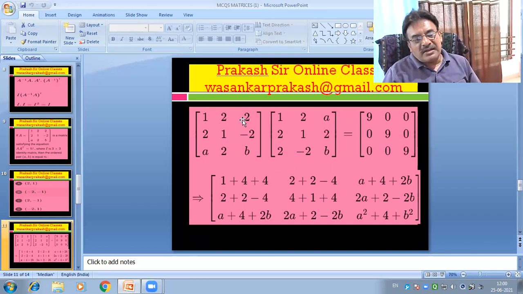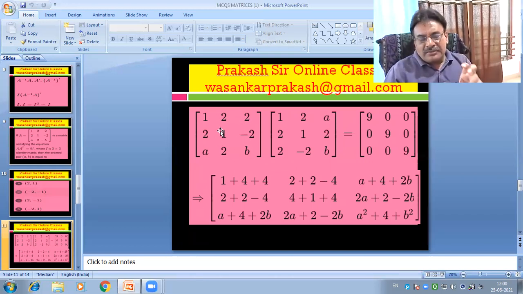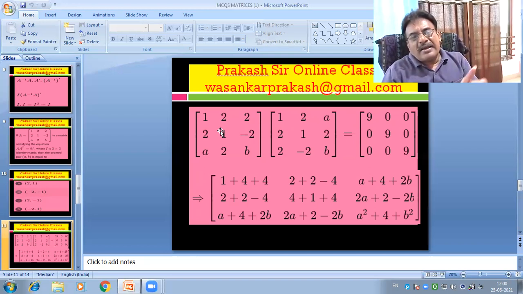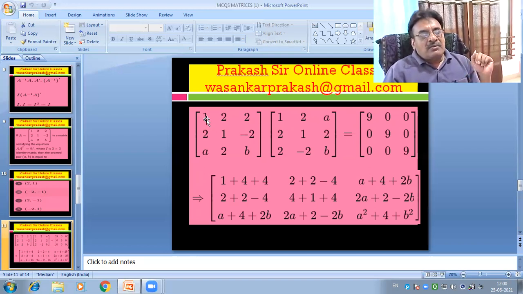Here we write the transpose by interchanging rows and columns. So the first row becomes the first column: 1 2 2. The second row becomes the second column: 2 1 minus 2. The third row, a 2 b, becomes the third column, which equals 9 times the identity matrix, 9I.